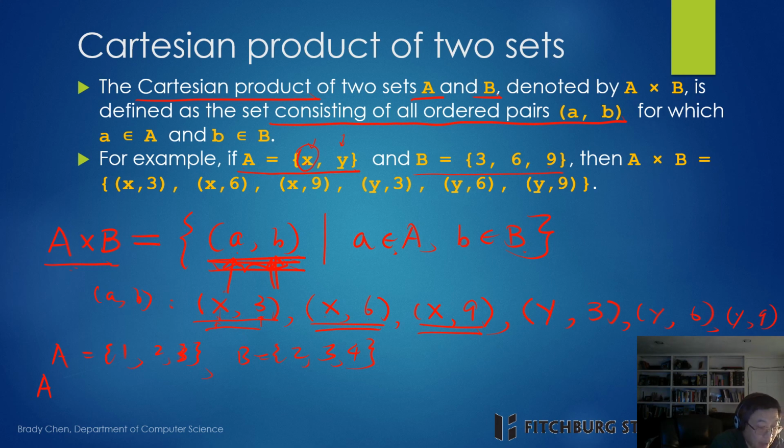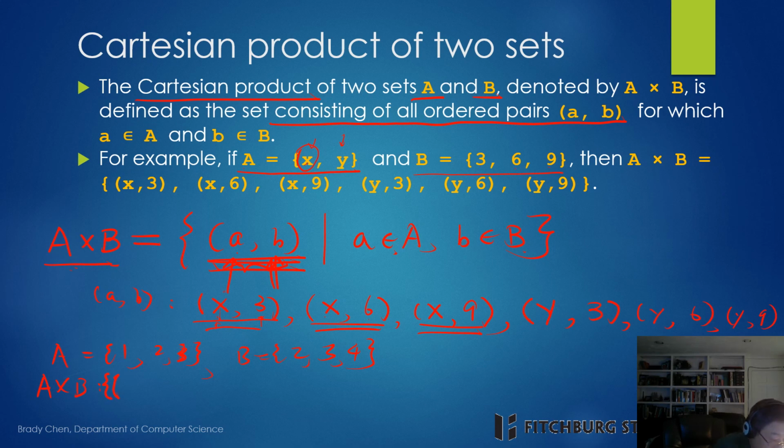B is a set of 3 elements, 2, 3, 4. What is A times B? It should be an ordered pair, which contains the combination for all the elements in A and all the elements in B.